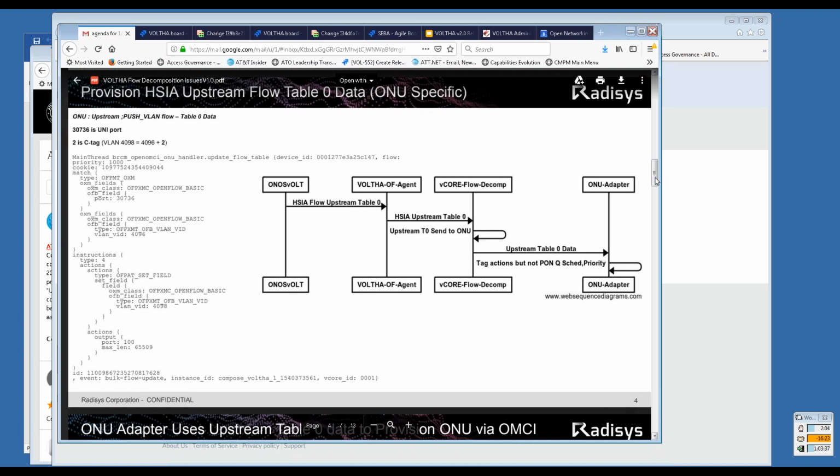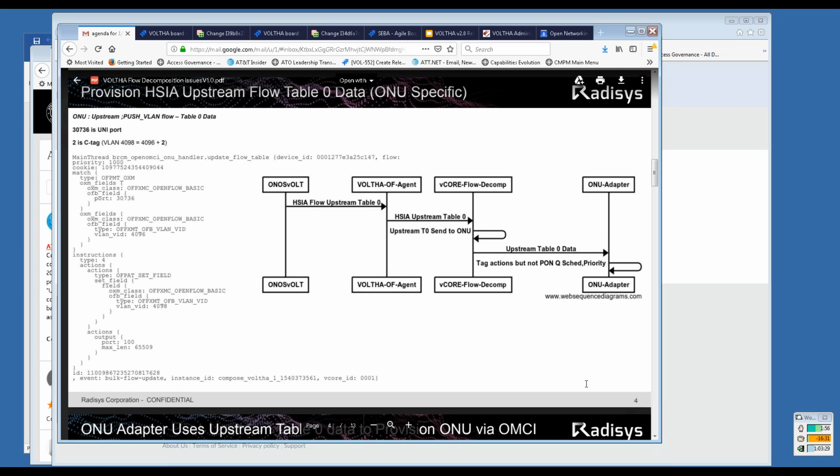Basically, the ONU adapter needs that, and the OLT adapter needs that, because the tech profile information has information about the queues and the GEM ports and the scheduling policies, PON-related things. OpenFlow doesn't have any of that. It just has the match action rules for the frame.